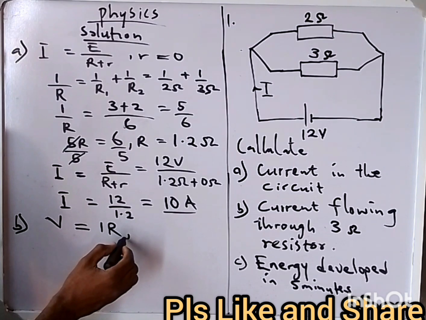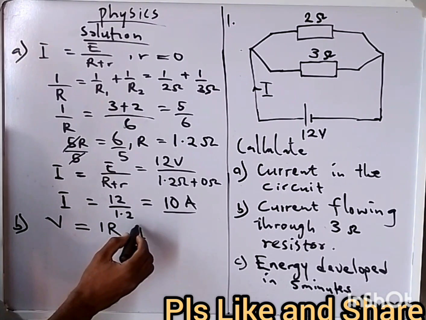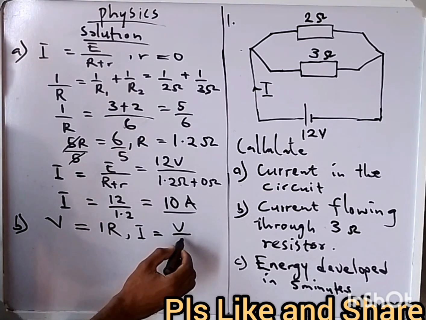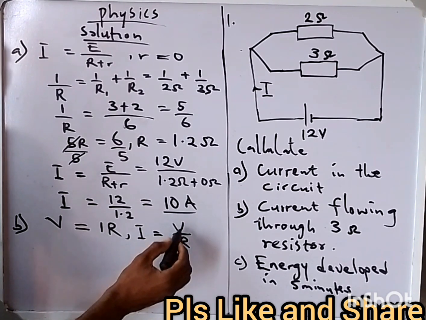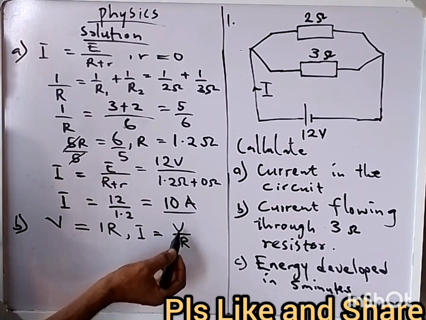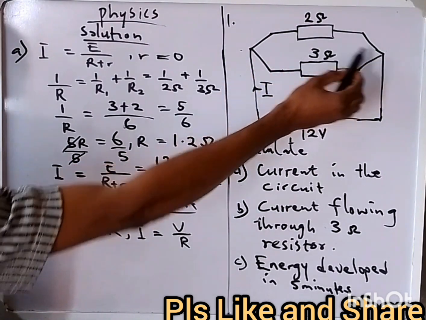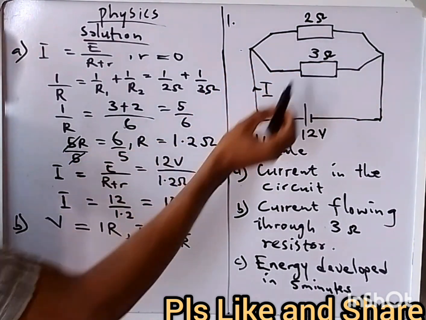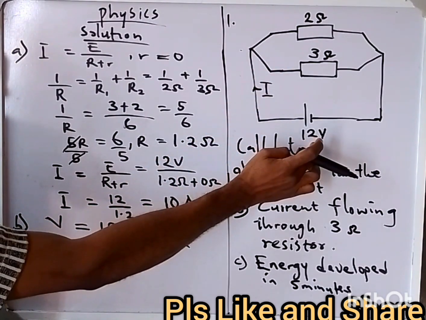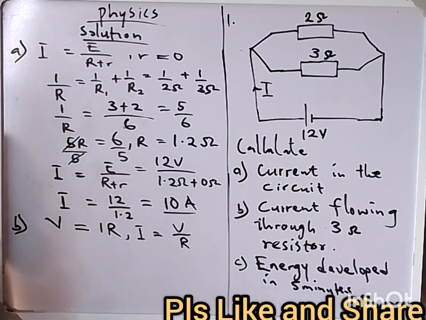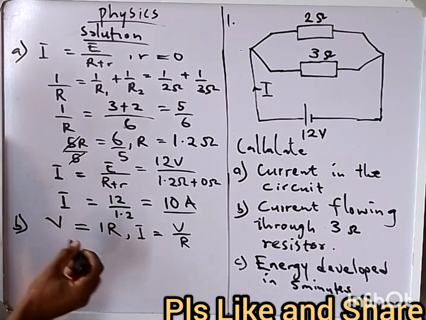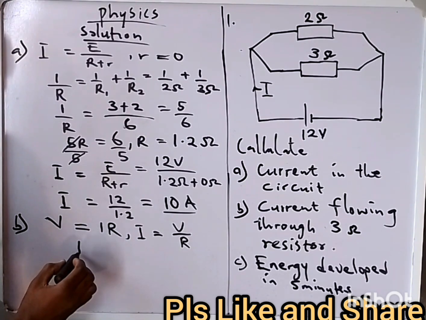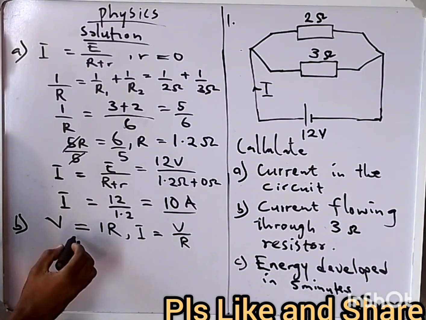So if I make current the subject, it is equal to V over R. Now, in this case, V is the potential difference between these 2 points, and it is the same thing as the voltage from the battery.